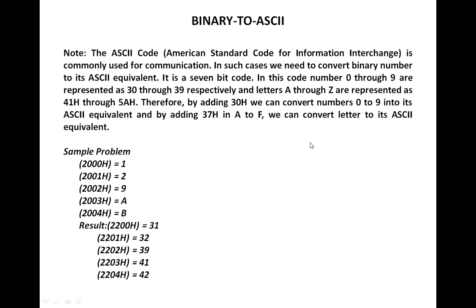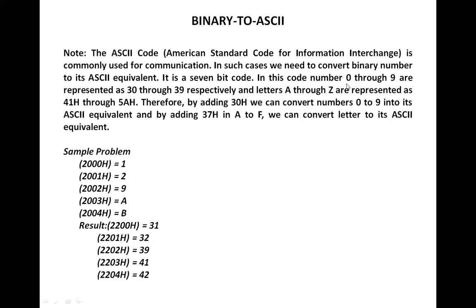So it means if we have any number which has to be converted into an ASCII code, and if it is a numeral from 0 to 9, so if we add 30 in 0, 30H will be the ASCII code. It means if we have to convert a number into an ASCII code, and if that number is a numeric, then we can add 30 and get the ASCII corresponding to that numeric.